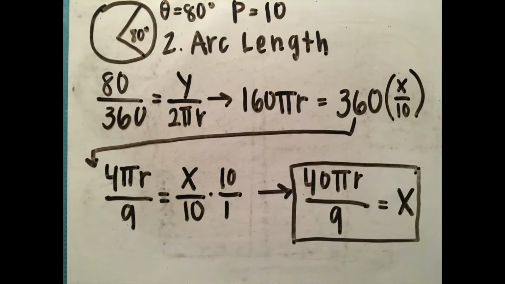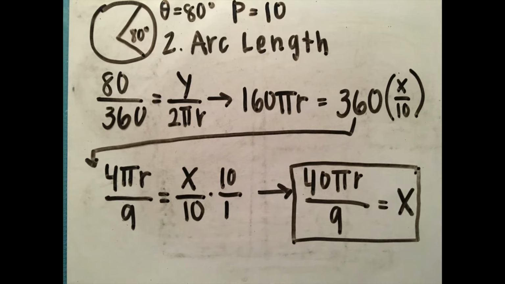I cross multiplied that proportion to get 160 pi r is equal to 360 x plus 10 x divided by 10. The way that I got the x divided by 10 was on the first slide. I figured out that y is equal to x over 10, so I substituted that into this equation so I could get rid of the y variable.